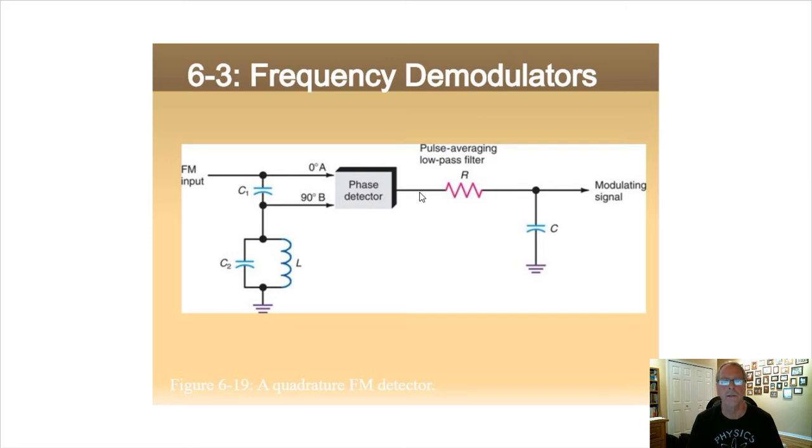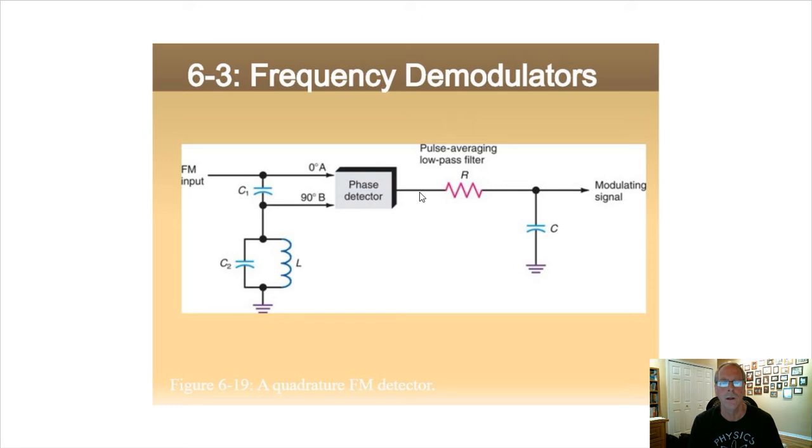So it basically generates an output voltage that is kind of an AC voltage, but it's got a DC component to it. So it looks like a triangle wave, but with a DC component. And that DC component rises and falls corresponding to the phase of the input signal.